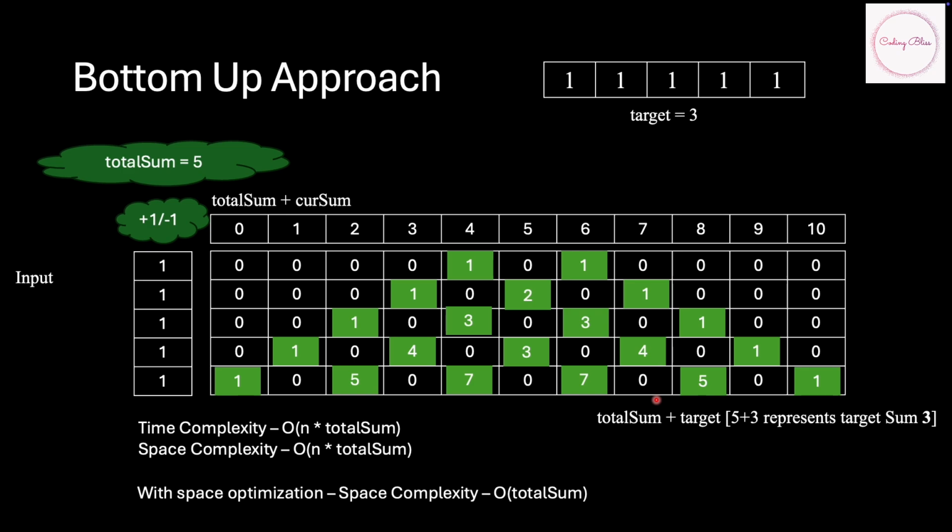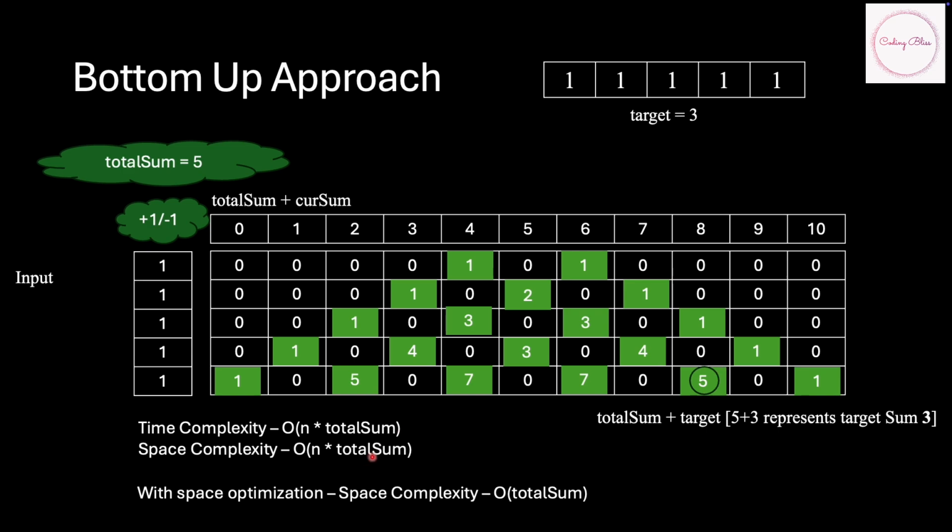Now another critical thing here is your total sum plus target, which is 5 plus 3, represents the target sum 3. That means this particular row and this particular column and the last row will represent the actual value that is basically the output for our data point. I hope this is clear.